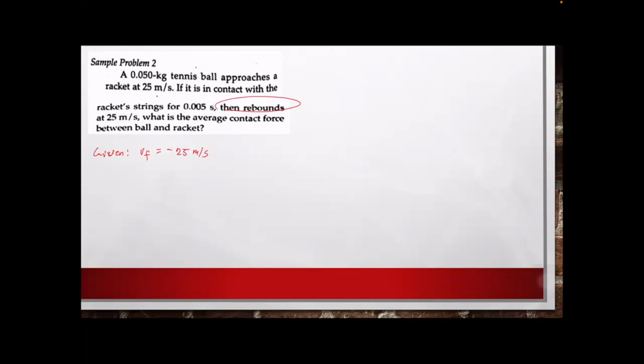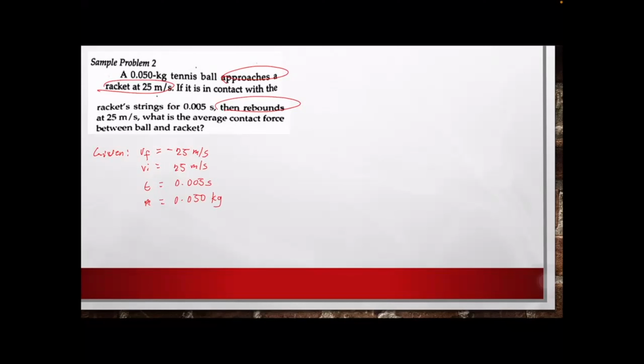That's the final. Kasi di ba, imagine, kapag tumama naman talaga yung bola doon sa tennis racket, nagre-rebound. So that's why this is negative 25 meter per second. Then the initial velocity is also 25 meter per second, kasi it approaches. Then the given time is 0.005 seconds and the mass is equal to 0.050 kilogram.